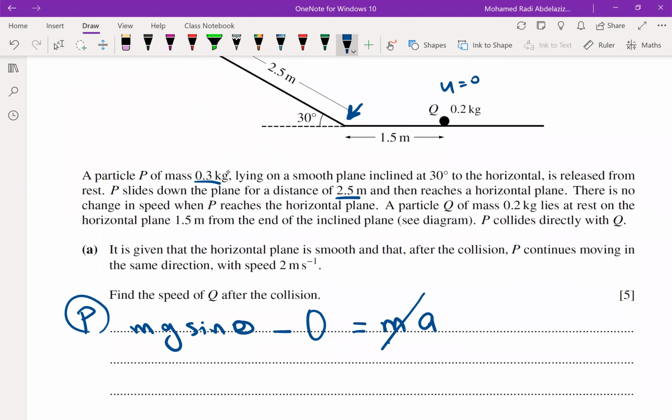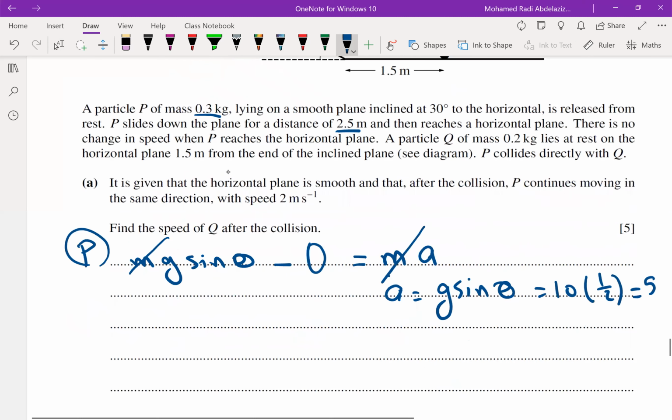We can remove the mass. So the particle moves with acceleration g sine theta. g is 10, sine 30 is half. So the acceleration is 5.